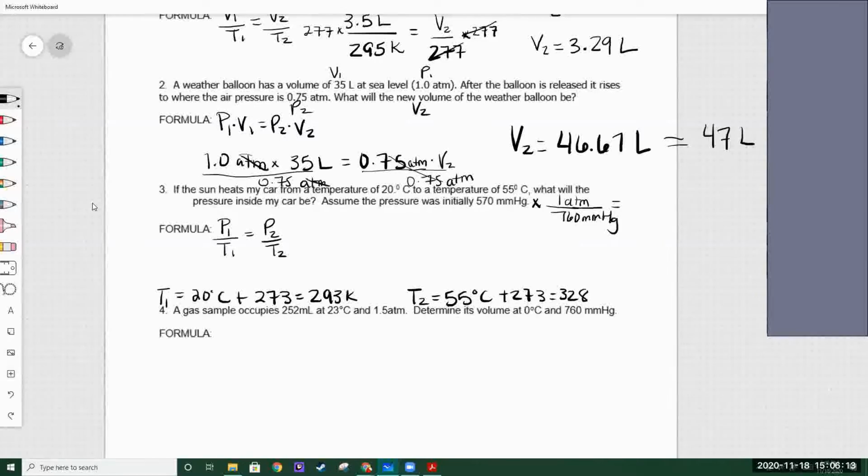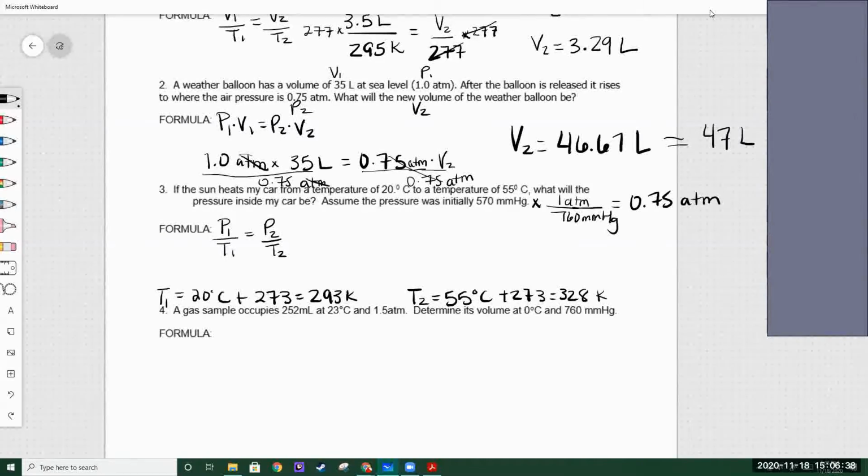Yes. And then this one I would have to convert. So 570 divided by 760 gives me 0.75. So here my pressure would be 0.75 atmospheres.